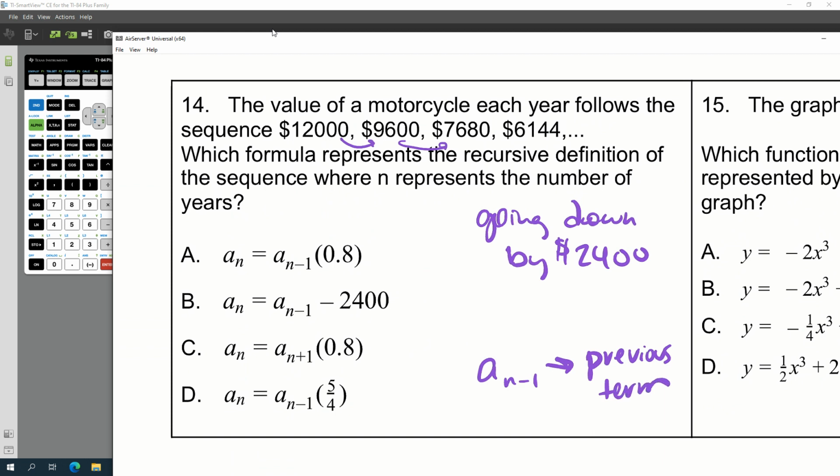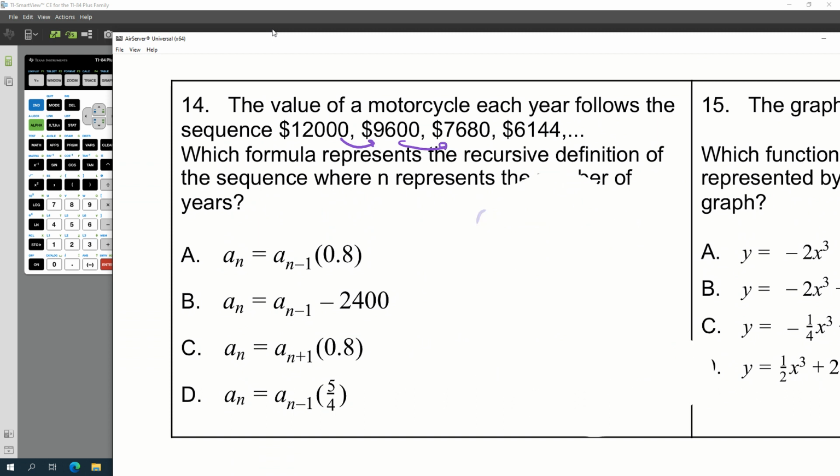Let me double check on that subtracting, because I actually could be wrong here. Yeah, I definitely am. Just kidding. It's not going down by 2,400. So I'm going to divide by the previous one, and I got 0.8.